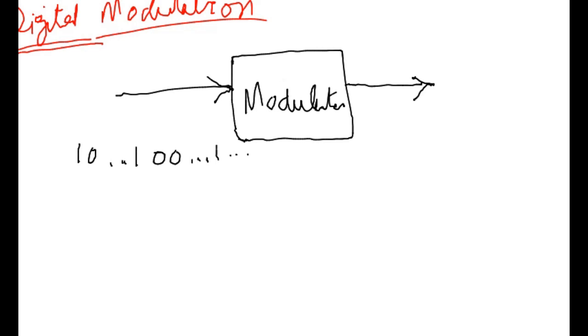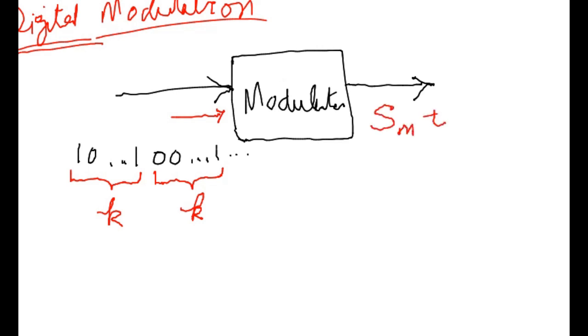We can just transmit one bit at a time, or we can parse the bits into groups of k bits. Each k-bit group is given to the modulator, and it gives you some signal s_m(t) for each k-bit group.